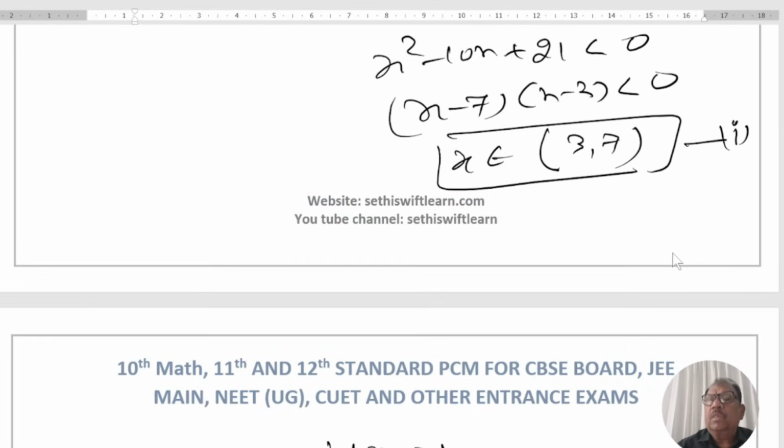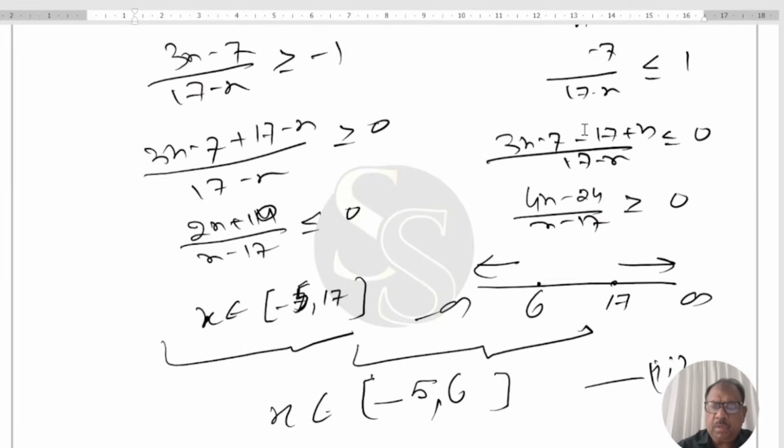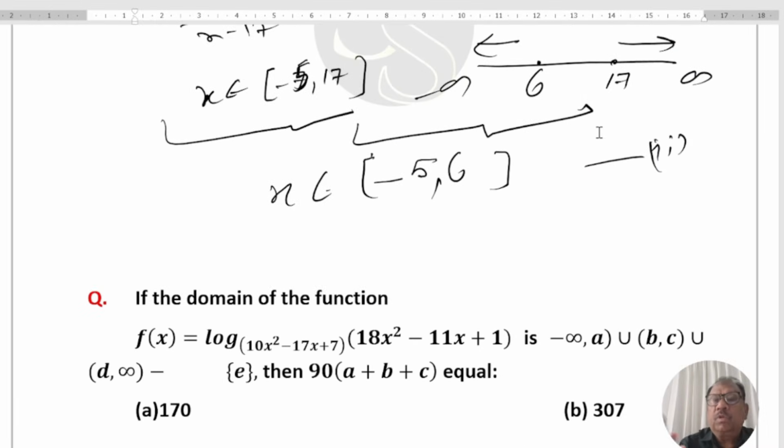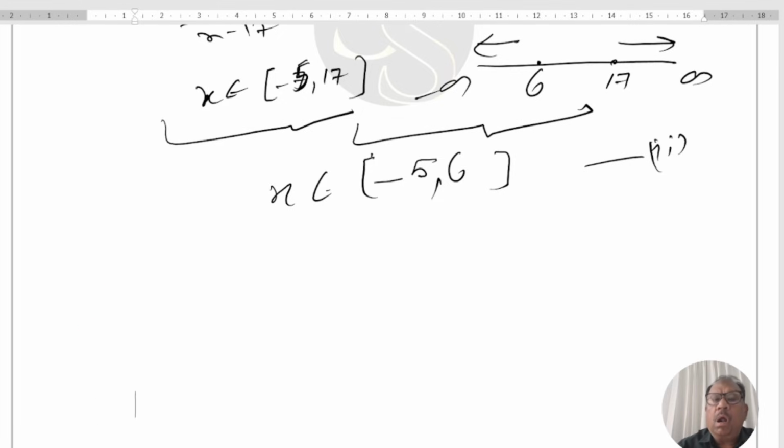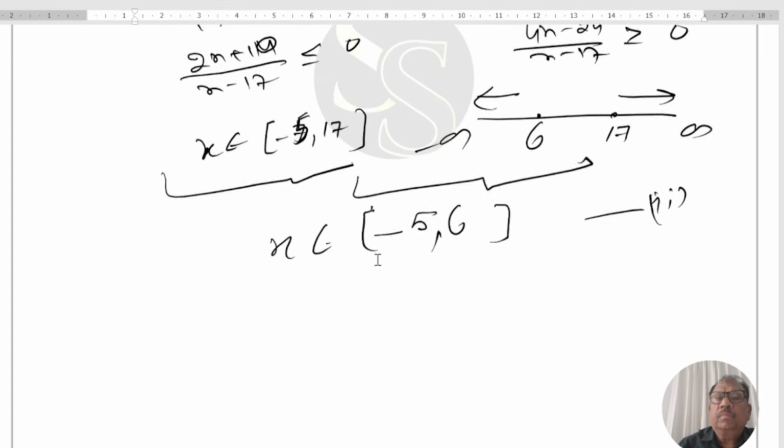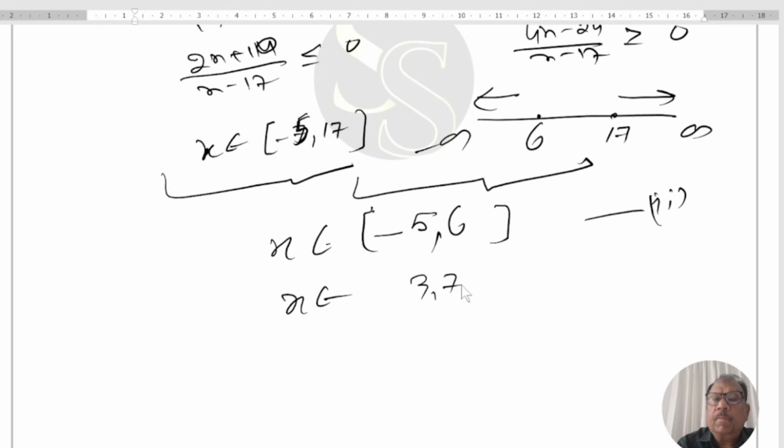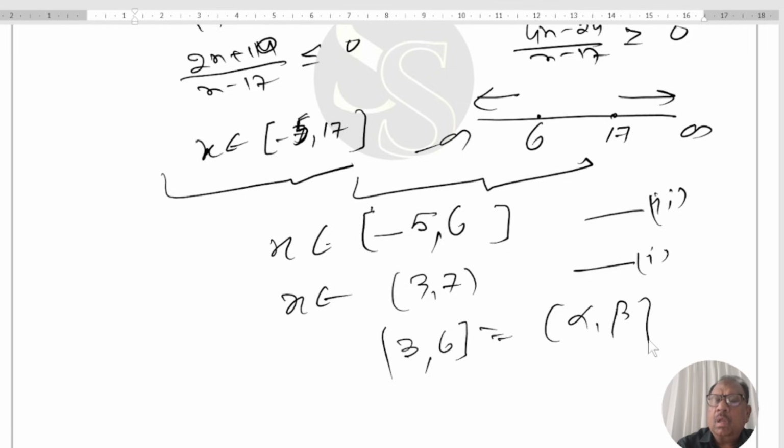Equation 1 is this one, x belongs to 3 and 7. The common of these will be 3 and 6, that is alpha and beta.